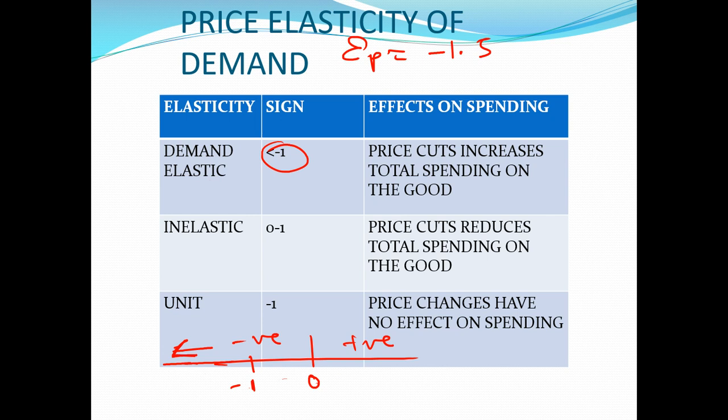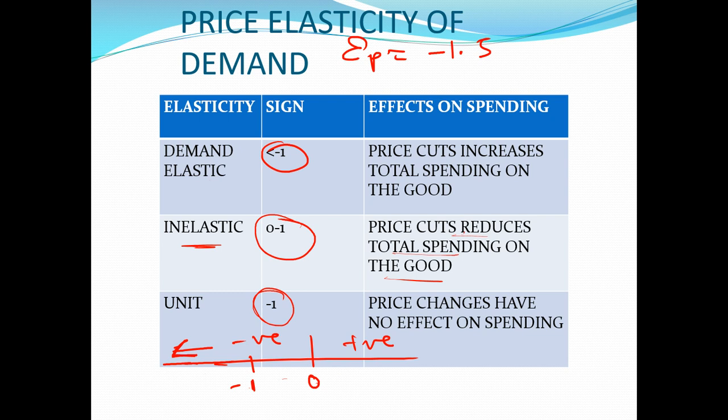But if demand is inelastic, meaning that the answer is lying between 0 and -1, you reduce the price, you see that even if you try to reduce the price, that still ends up reducing the total spending on the good, which means you just end up losing as the firm, because demand is not responding to this price cut. Alright, and if you have calculated and found that the answer is exactly -1, then this is what we call unitary elastic.